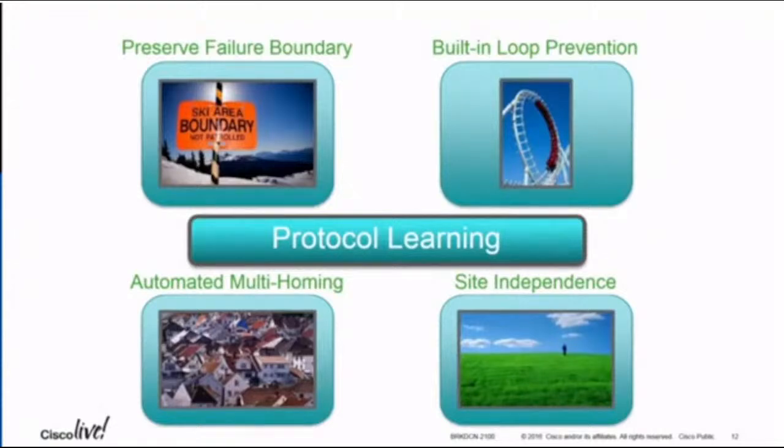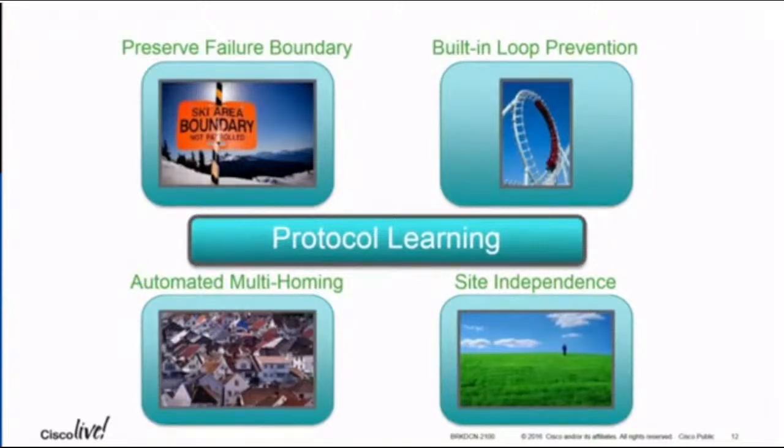What we achieve via it is we preserve the failure boundary at the edge devices itself. Before even sending the traffic, the tables are built properly and it will ensure that the traffic goes to the correct destination.